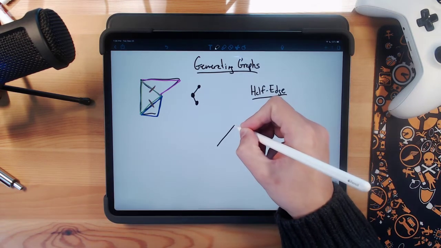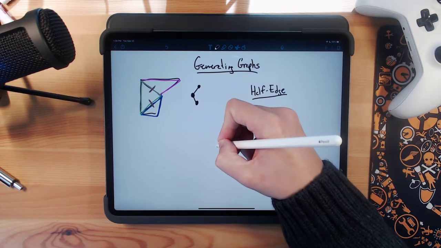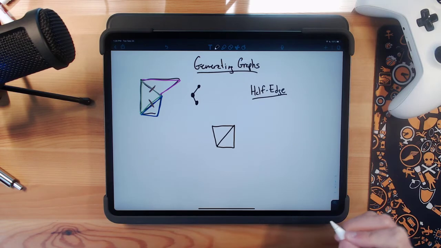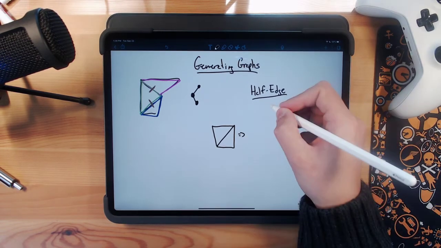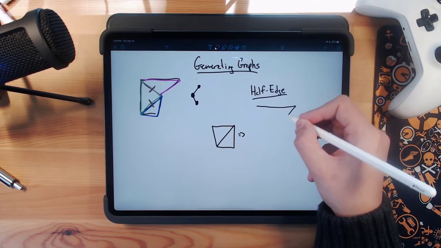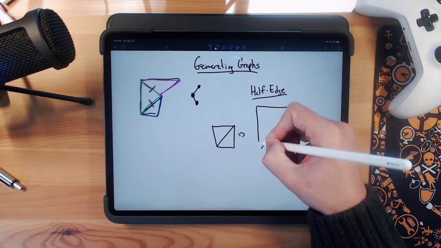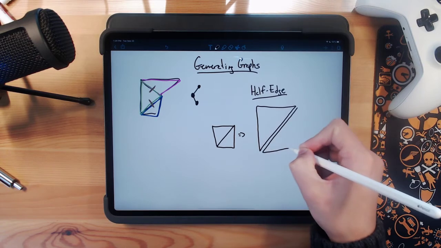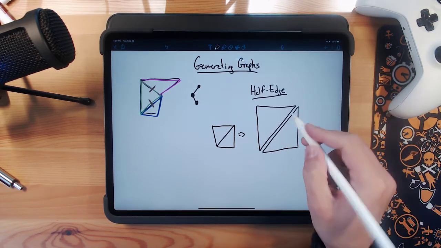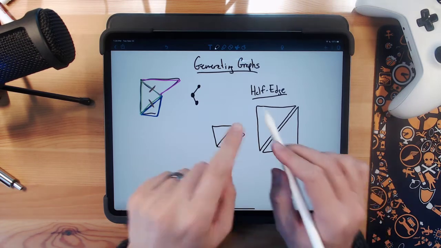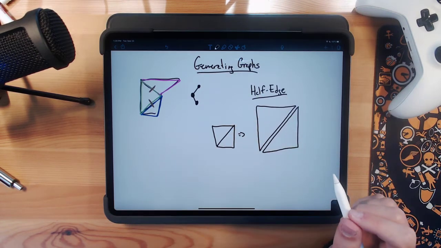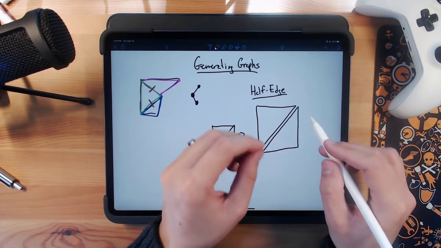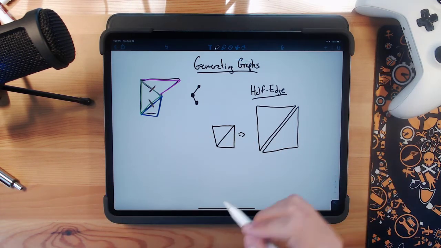If I have 2 adjacent triangles like this that share an edge, let's zoom in really close at what this edge would look like. Here is one triangle like this, and then here is a second triangle right here, and these share this edge. Using this idea of a half-edge data structure, these half edges would essentially hold a few different things.